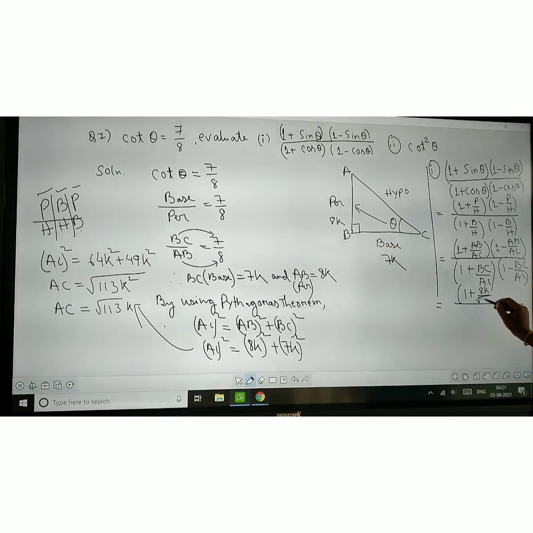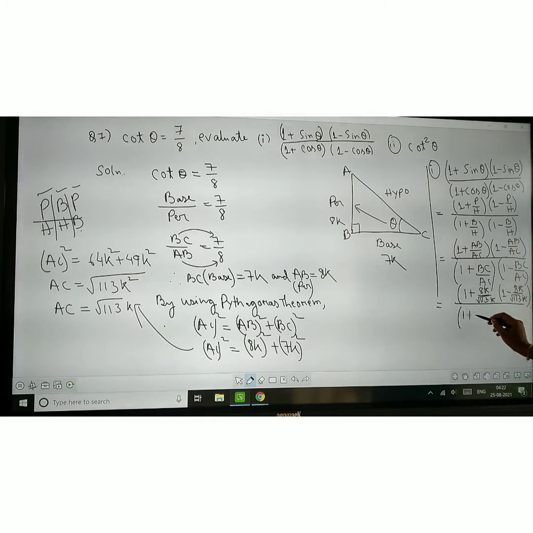Root 113K. K and K will get cancelled. Next, 1 minus, same thing, 8K by root 113K. So K and K will get cancelled.